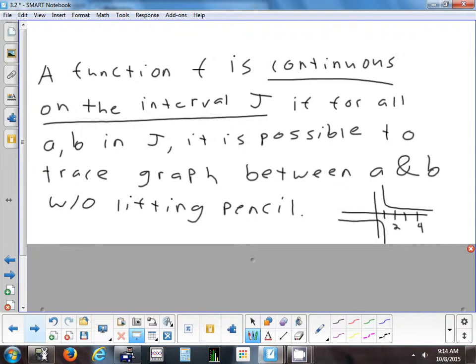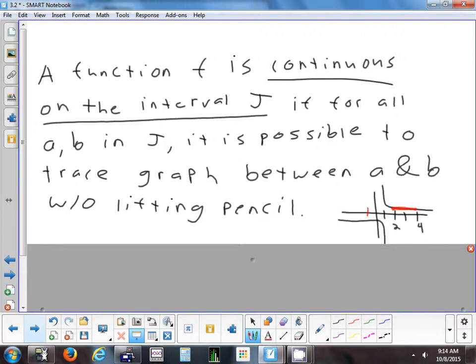Just from 2 to 4, that's it. Yeah, we could. Here's 2, here's 4. So in that particular interval, my graph is continuous, because I can trace it over the two numbers that I asked without lifting my pencil.